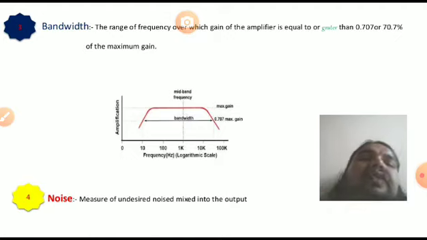In the graph shown, the x-axis is frequency and the y-axis is the voltage gain or amplification. The bandwidth is marked at 0.707 of the maximum gain, that is 70.7% of the gain. This is called the mid-band frequency.